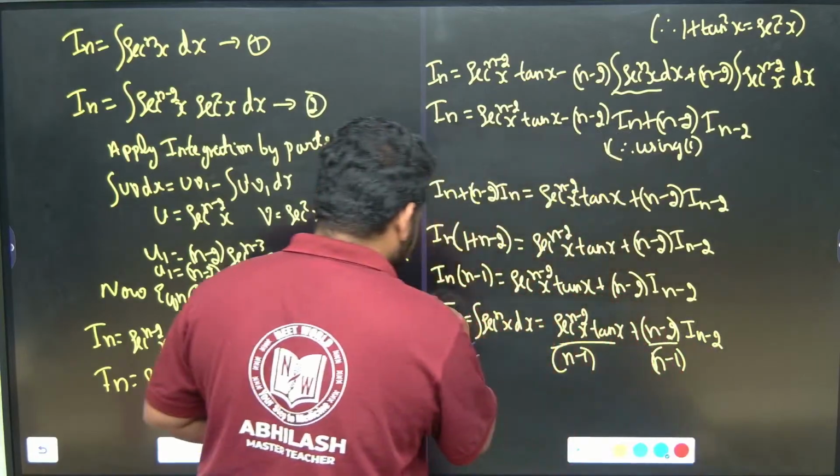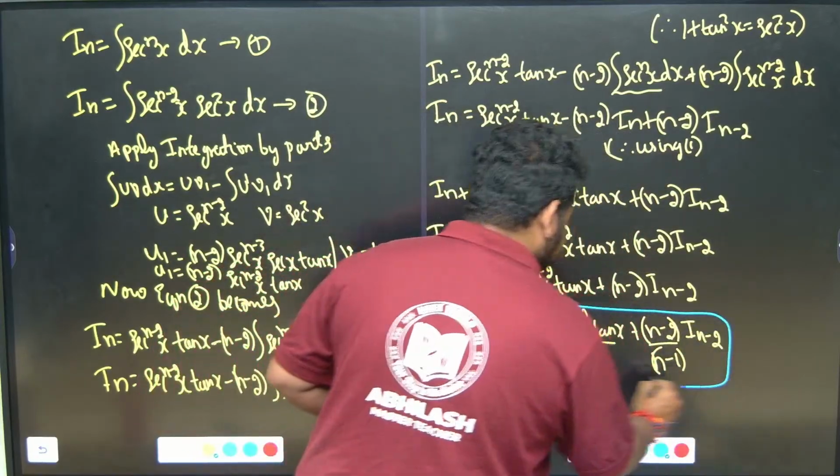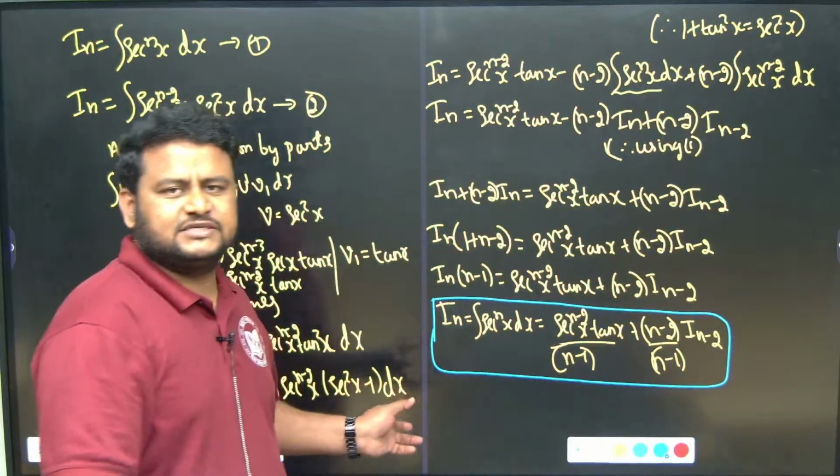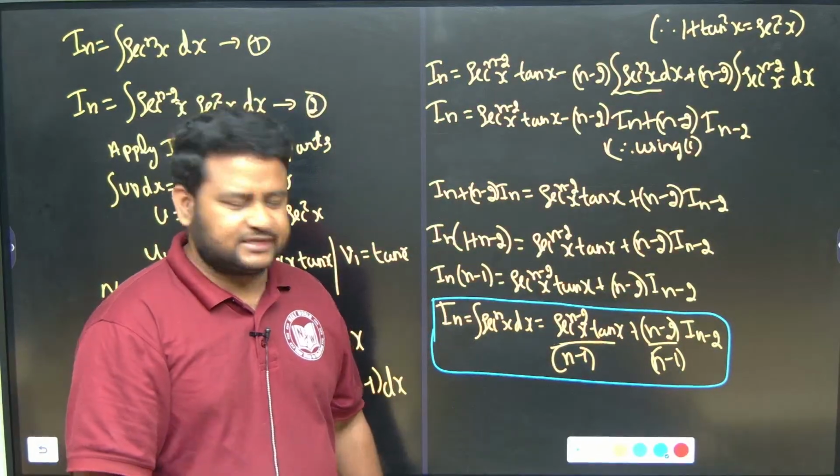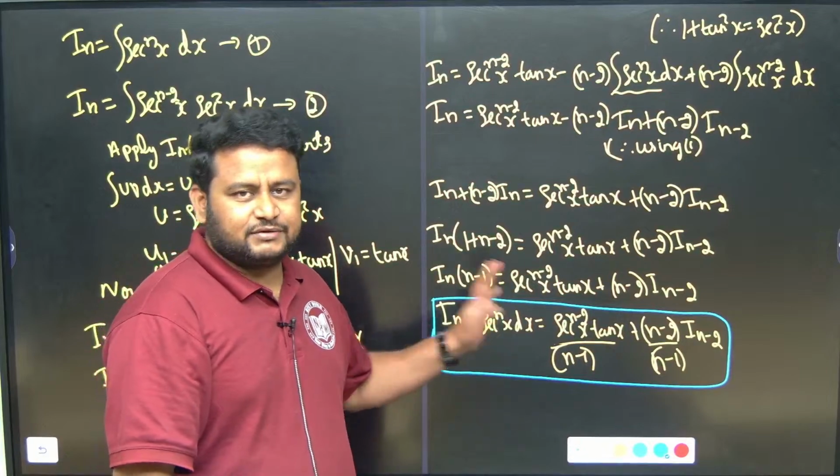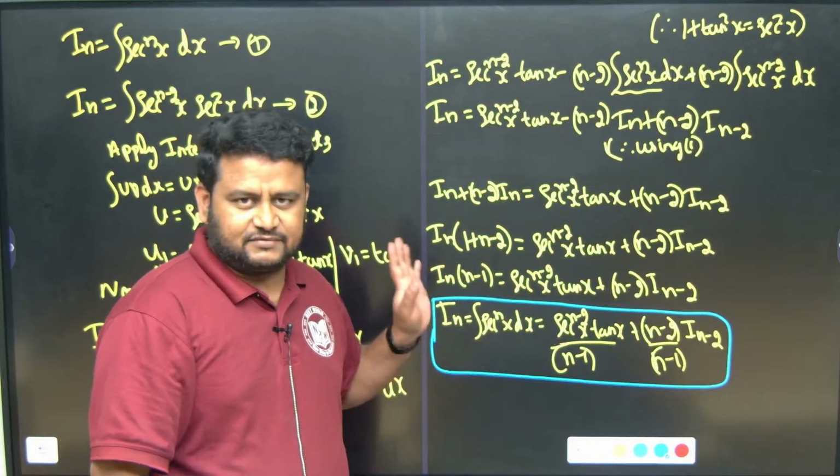This is the final reduction formula for secant^n x dx. Similarly, you can get it for cosecant^n x dx. If they ask you to deduce anything, easily by putting the value for n, you can get the answer that is required.